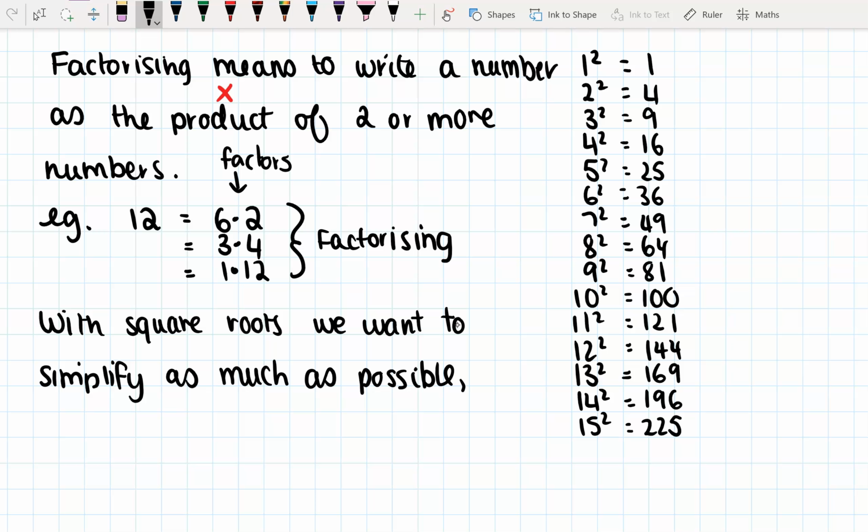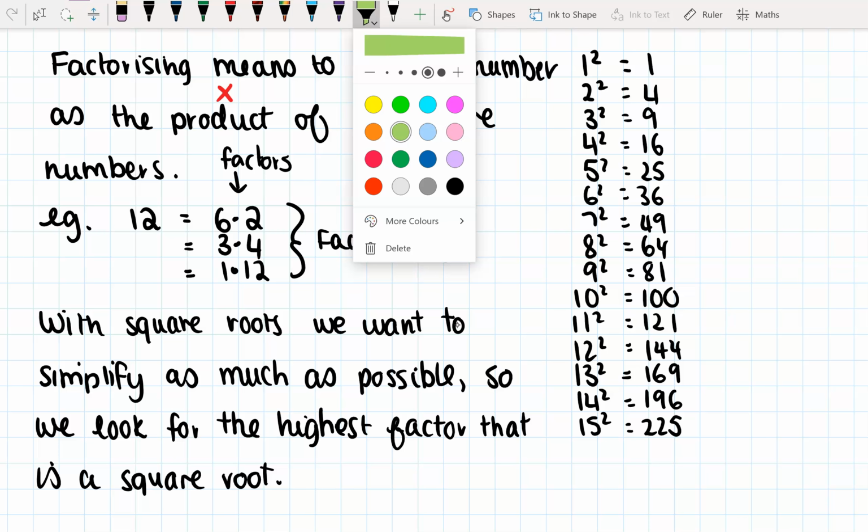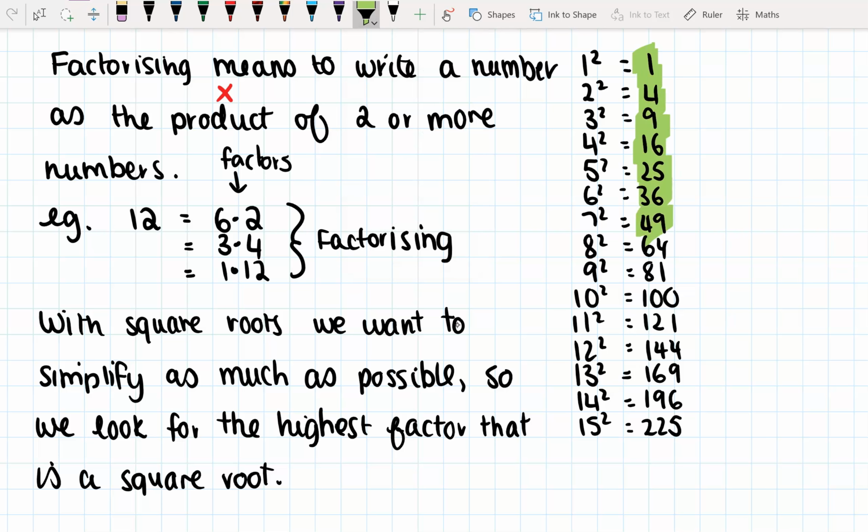So we look for the highest factor that's a square root. Okay, what that means is we are looking for a factor that appears on our list. We want to choose one of these beautiful numbers down here, and that is what we're going to use as our factors when we factorize.